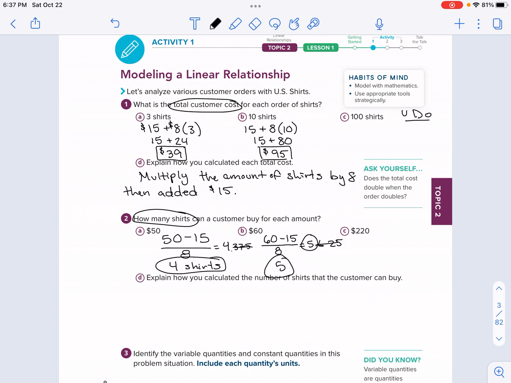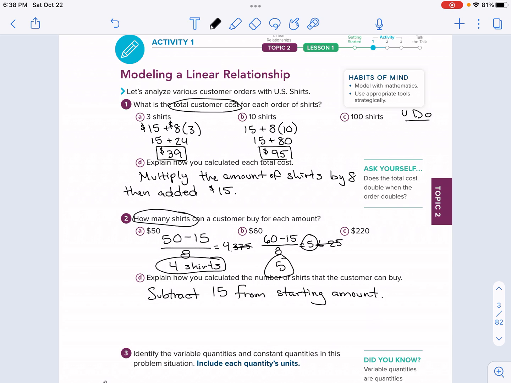So D, same exact process. How do we calculate this? We first had to subtract $15 from the amount we started with, we'll just say starting amount. All right.